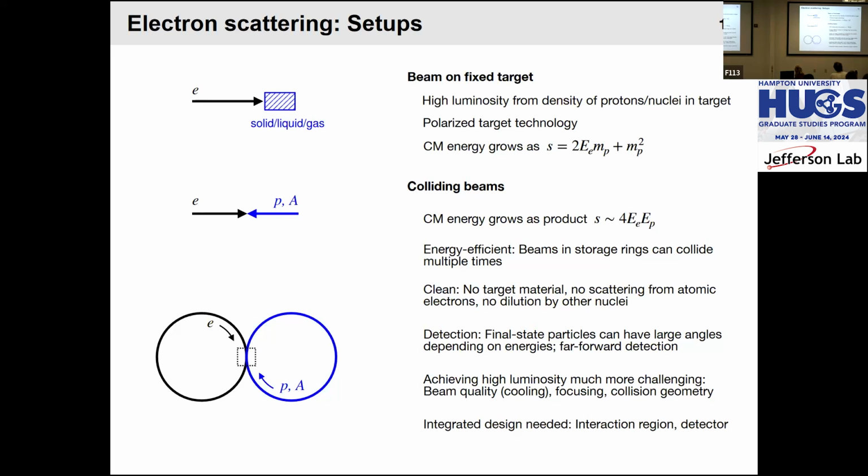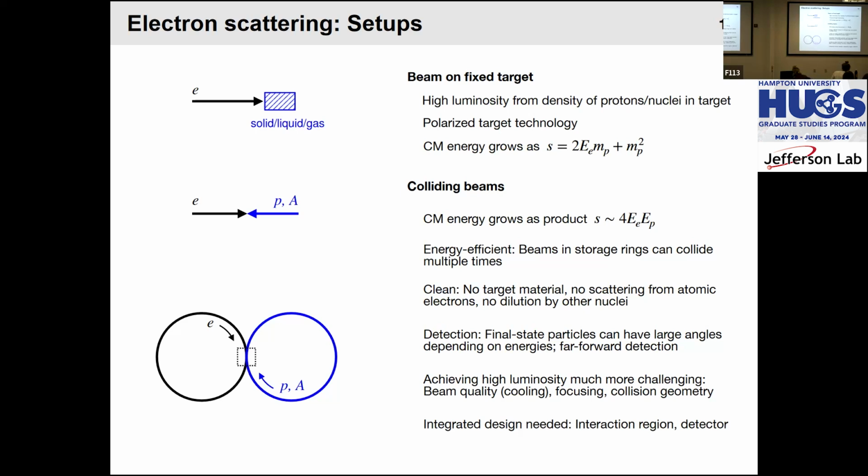These beams are in storage rings, and they move around essentially like electromagnetic currents that go on forever. So the bunches in these currents can collide many times, whereas in fixed target scattering, you shoot a beam at a target and you essentially dump it. So at some point it becomes very inefficient to realize high energies and high intensities in fixed target.